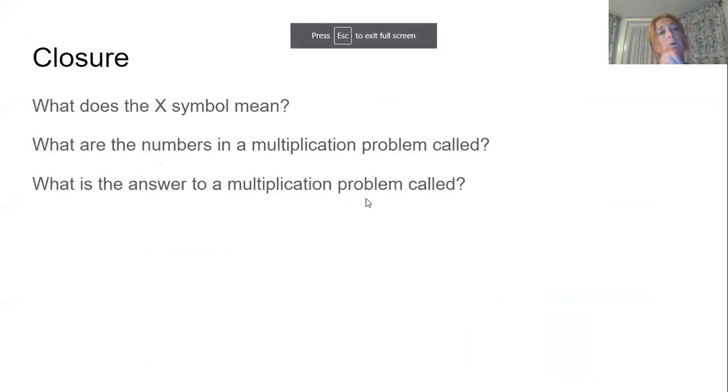All right, let's review. What does the multiplication symbol mean? It means groups of. So if we have a multiplication problem, we could say 6 groups of 2, and that would be 2 plus 2 plus 2 plus 2 plus 2 plus 2, because there's 6 groups of 2. What are the numbers in a multiplication problem called?